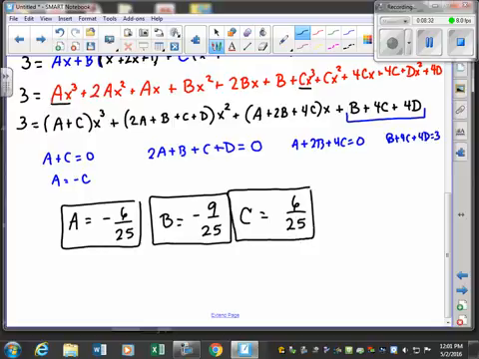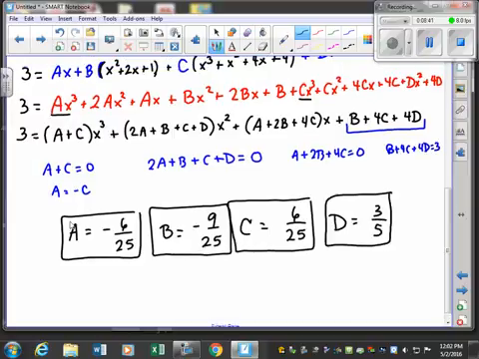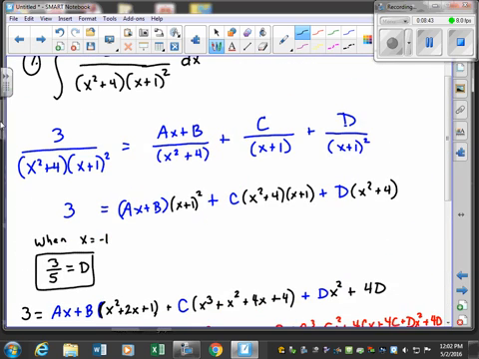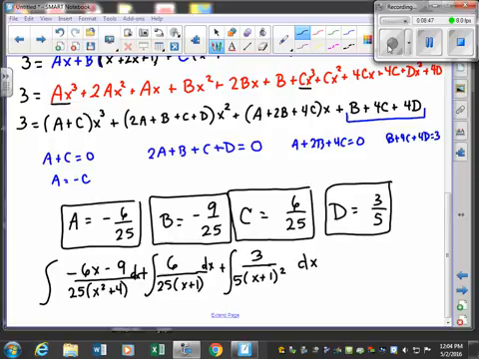And what do we get for our D? D was 3/5. And then ultimately, you would plug those in up there. Okay, so then you could just rewrite this and work that.